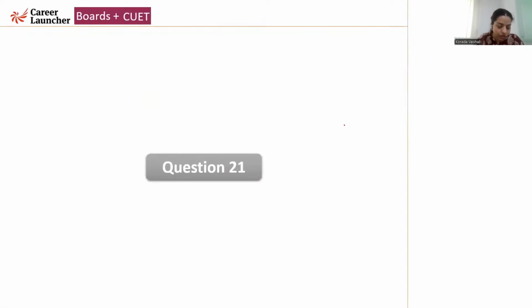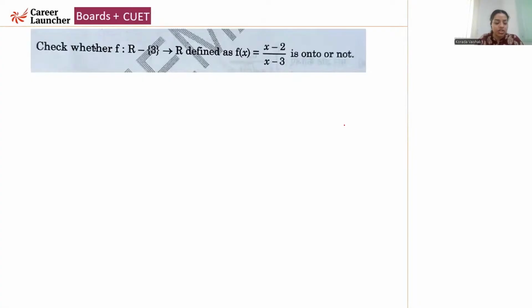So let's move on to 21. This is based on checking whether the function defined by this is onto or not. Here, for onto and not, we have not been asked whether it is 1-1 or not, but for onto, what you can do is assume the expression to be y equal to x minus 2 divided by x minus 3. Simplify the expression and write it as x is equal to something.